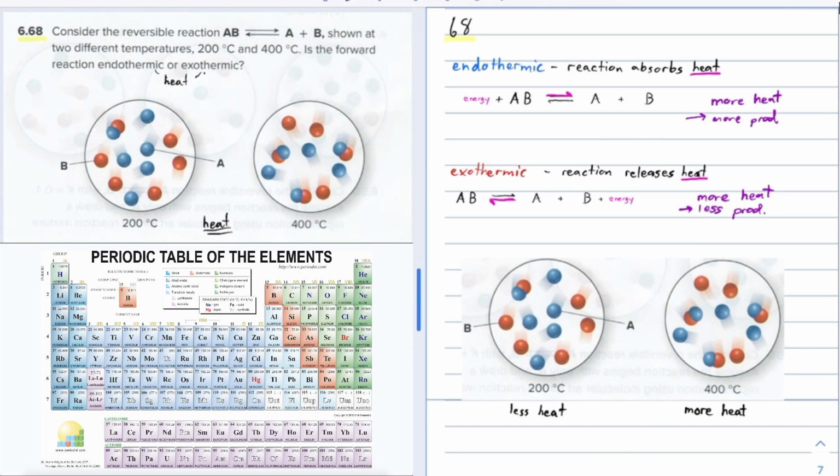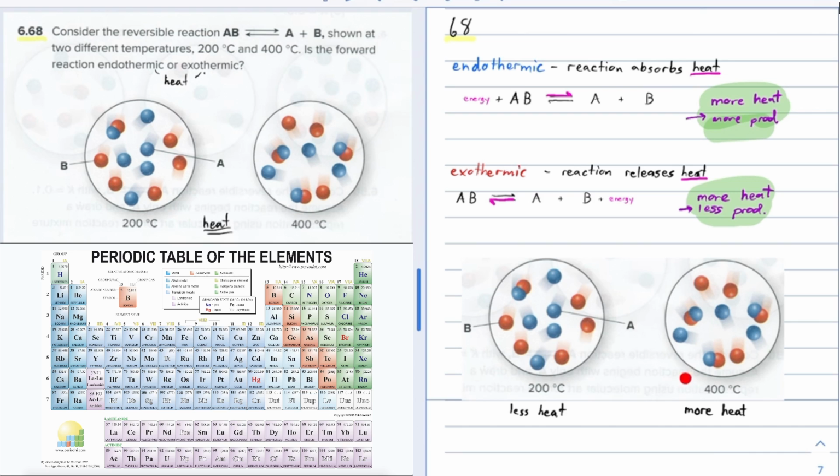Okay, now here is the key. So we're shown the reaction mixture at two different temperatures, 200 degrees Celsius versus 400. Now at 200 degrees Celsius, there's less heat, okay? It's at a less hot temperature.